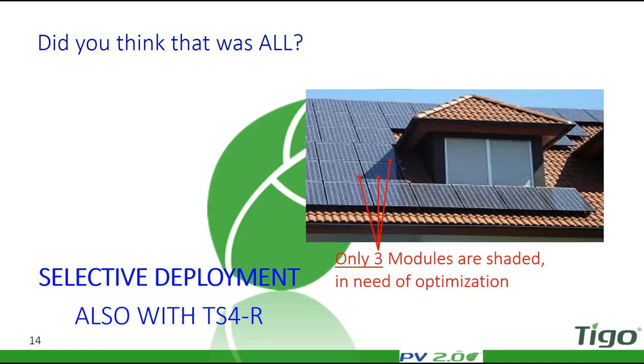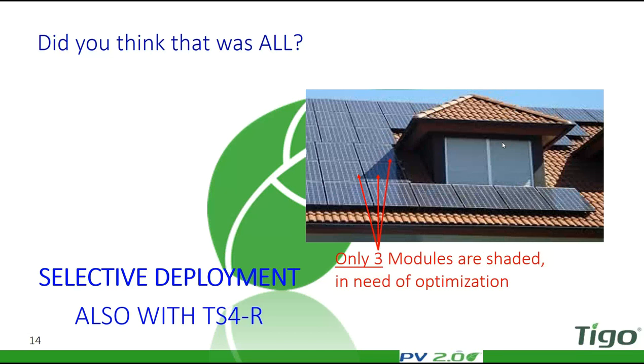And then on the roof you see that there's suddenly this dormer that you didn't think about, or you didn't know that exists, or somebody promised you that it's way more shallow and doesn't shade as much. You get there and you find that you have shade on these ones. What you can do now with the TS4 series is optimize only these 3 panels.